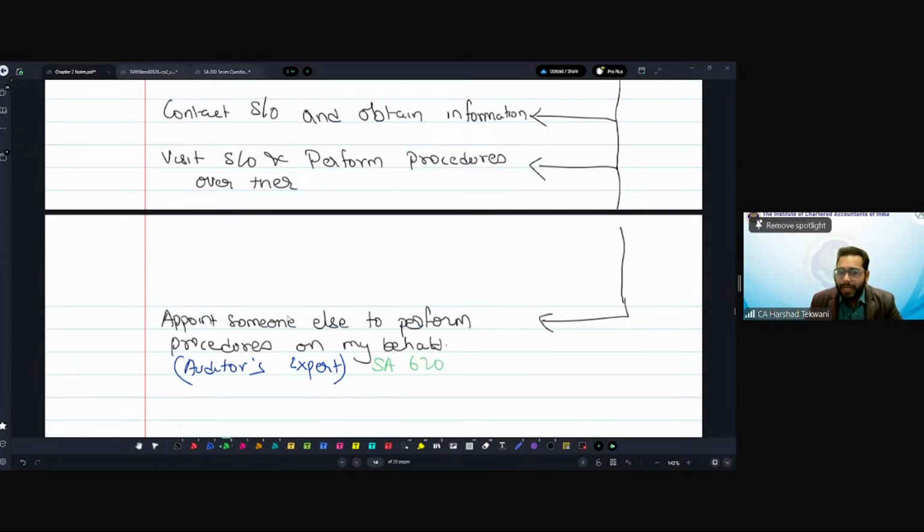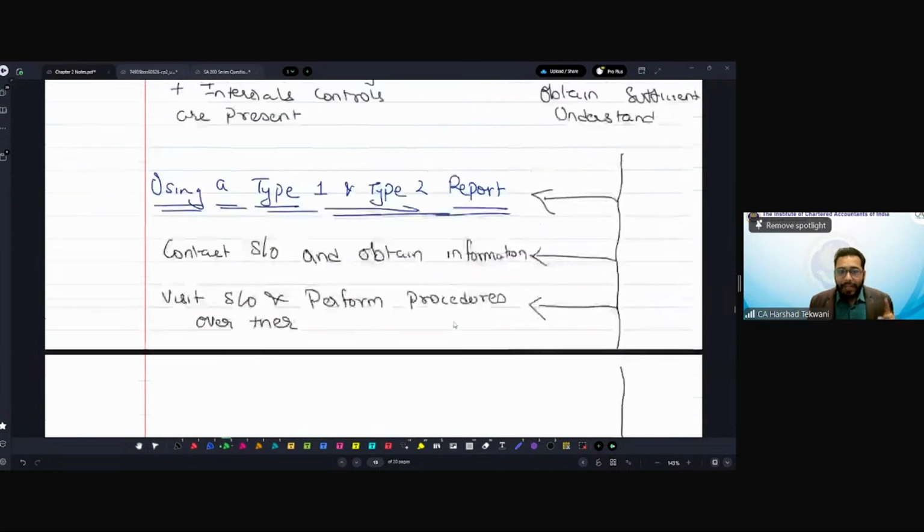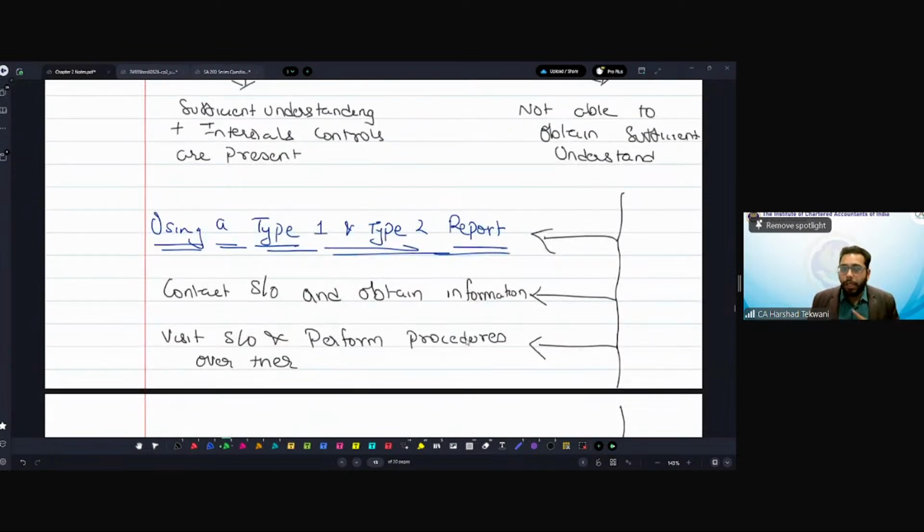Why should I go for type 1 and type 2 report? It is not necessary to obtain type 1 and type 2 report. I have different options available to me. But if I choose this option, then I need to think of how to use that report. Clear? Any doubt? These are the options available to me.